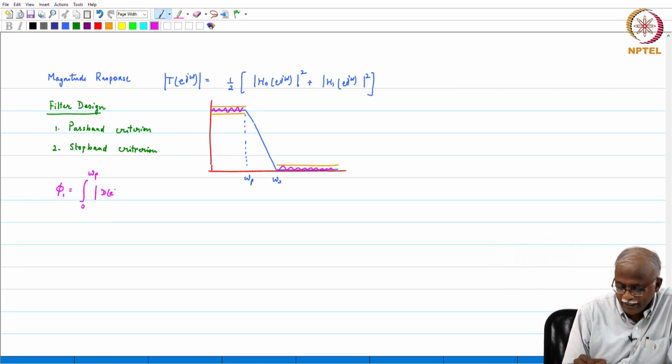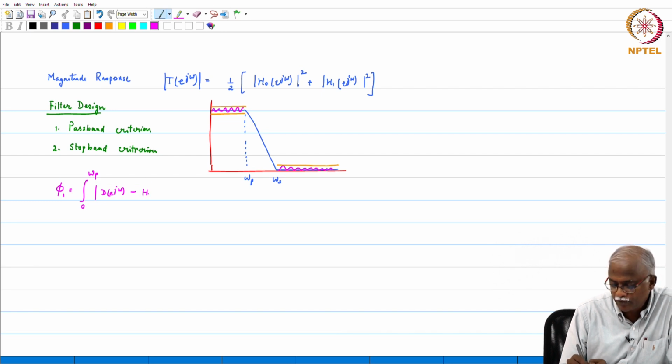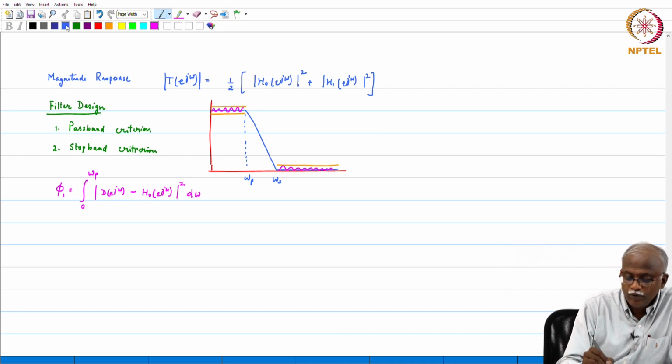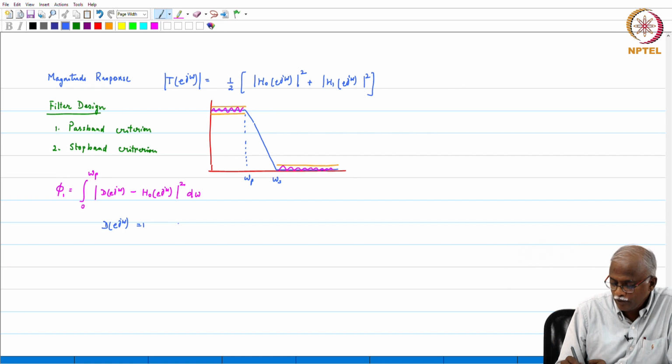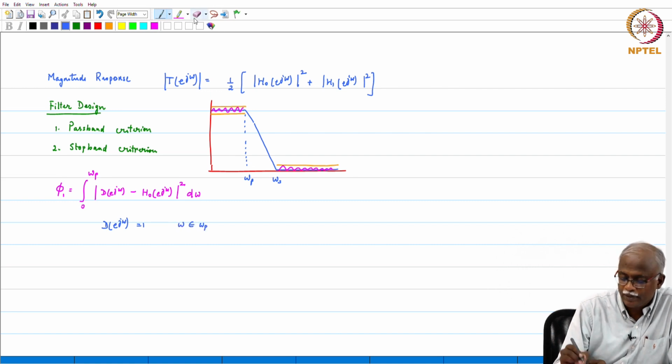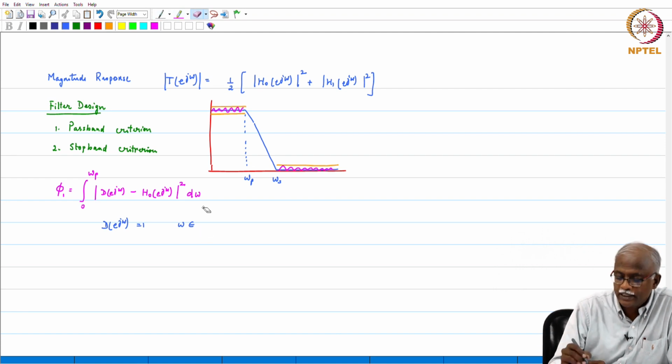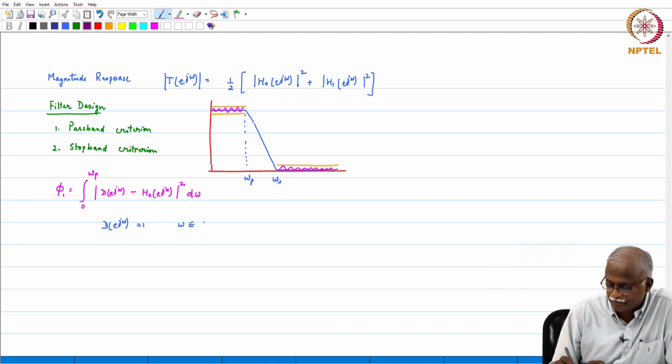The desired response, I am going to write as D(e^{j omega}), minus the response of the filter H0(e^{j omega}), magnitude squared, d omega. Now, in the pass band, we could set D(e^{j omega}) equal to 1 for omega from 0 to the pass band edge. Okay, so this is in the pass band region.